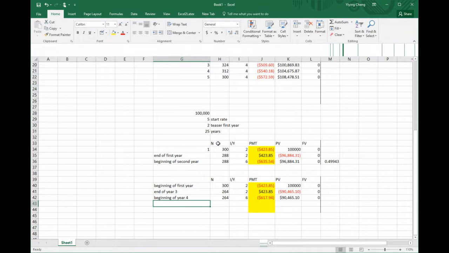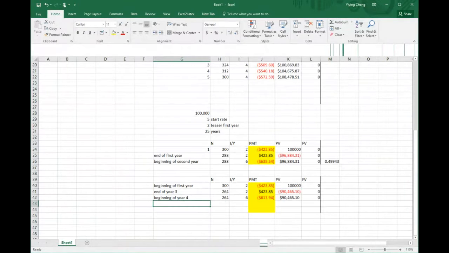So again, I'm going to lay out everything as if it's in a calculator layout because I don't expect you to use Excel, of course, during the exam. So at the beginning of the first year, the remaining number of payments is basically 300, which is equal to 25 times 12.